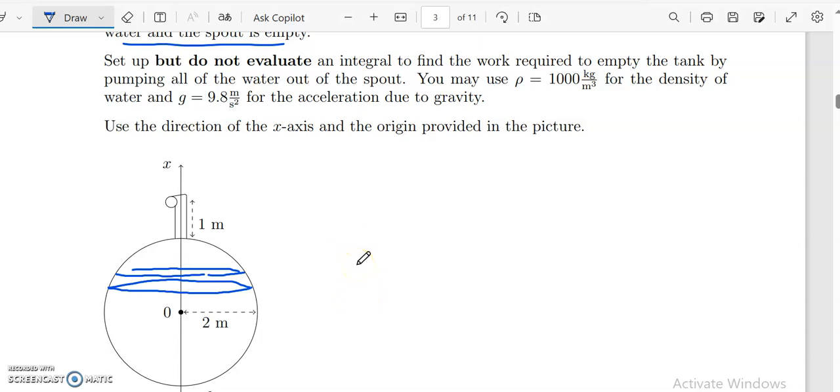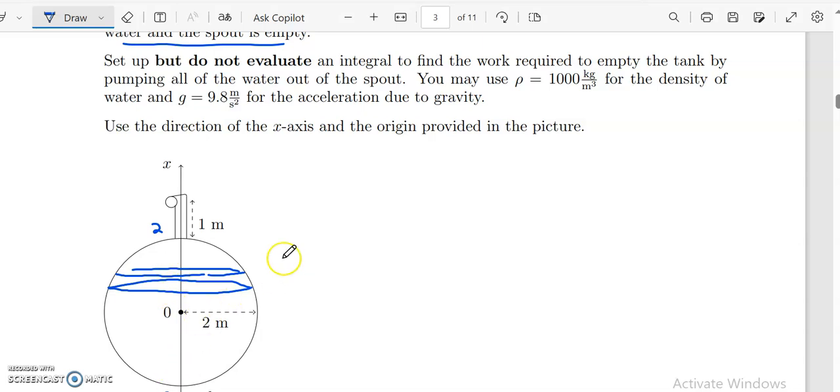So we will find what is the work required to empty one particular slice of water, and these slices of water will be there from -2 to 2. So we'll denote this direction by x.